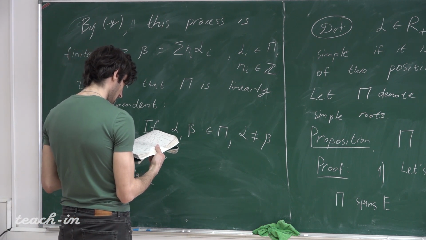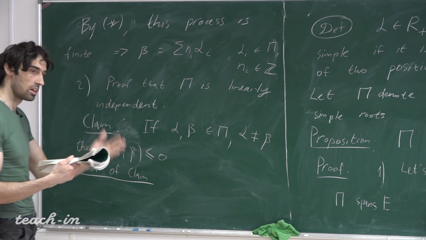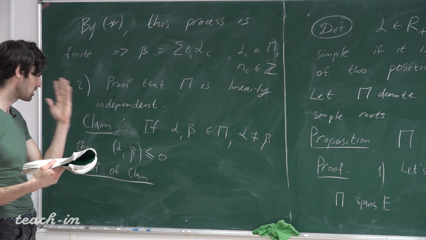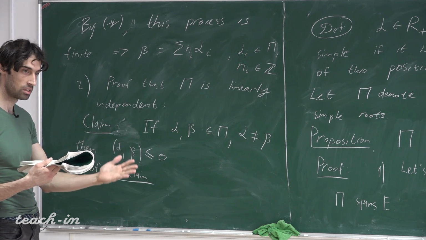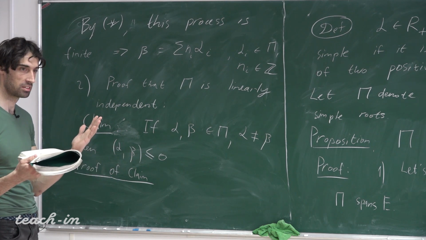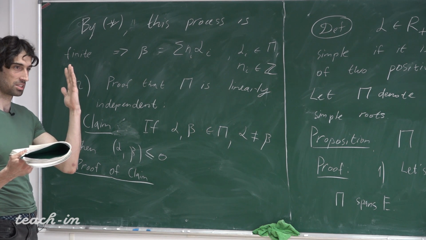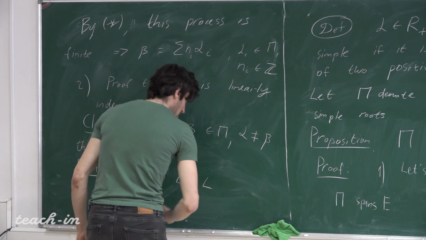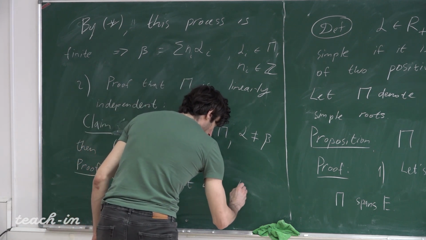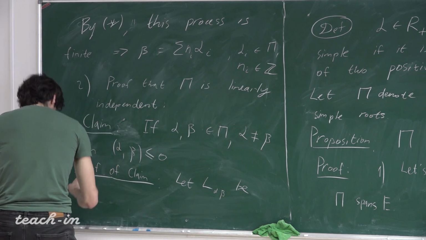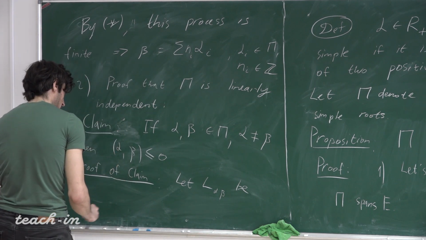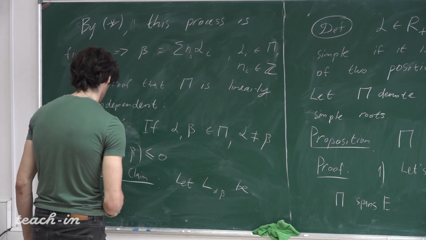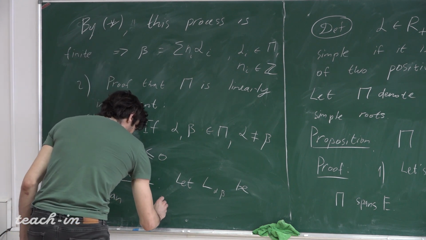Okay, so let me take actually a hyperplane which contains both alpha and beta. Actually not a hyperplane, but actually a plane, a two-dimensional plane that is spanned by alpha and beta. So let L alpha beta be the span of alpha and beta.